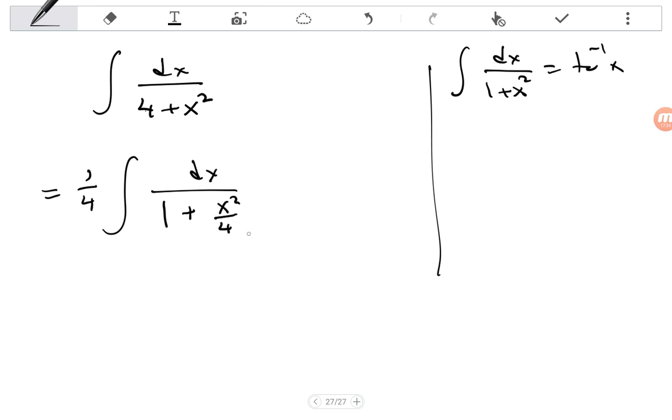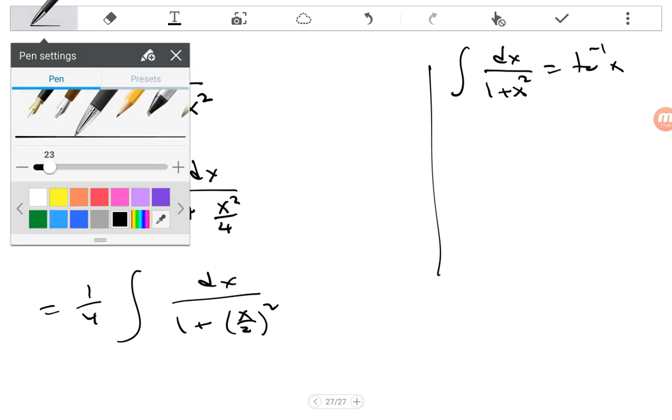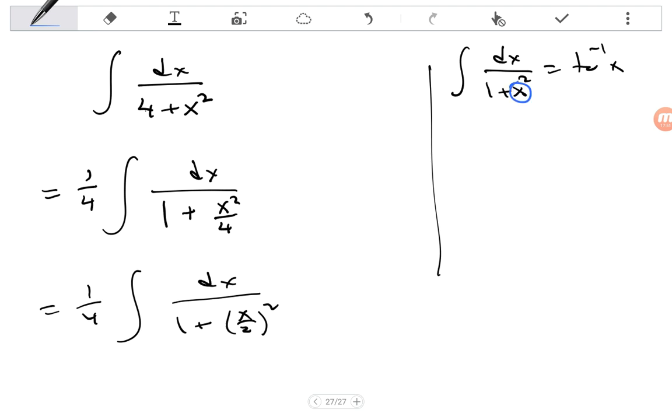Okay. And we can write this as 1 plus (x over 2) all squared. Now this expression is exactly that one. 1 plus, but instead of x, what is taking the place of x here? x over 2. Is this a linear expression?